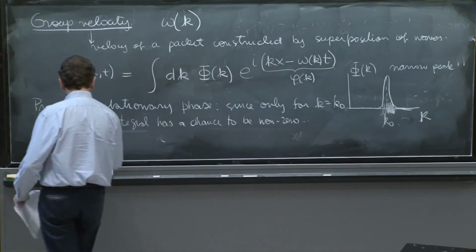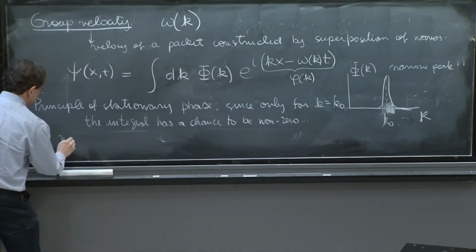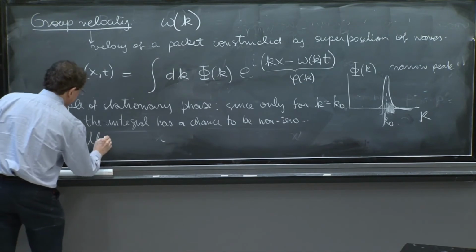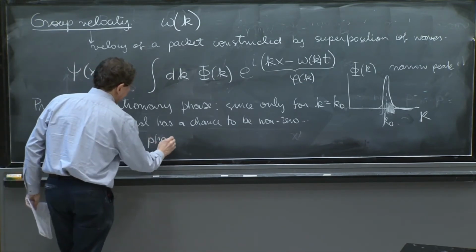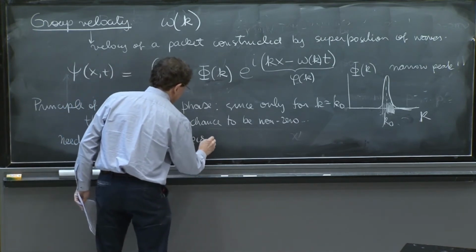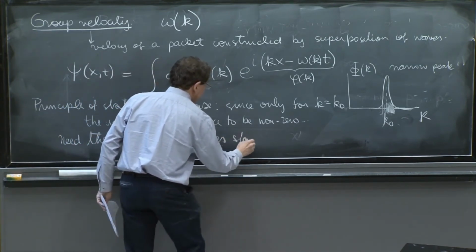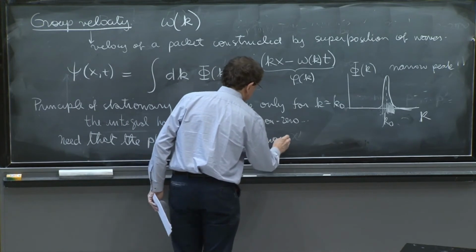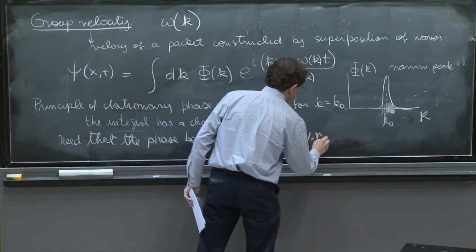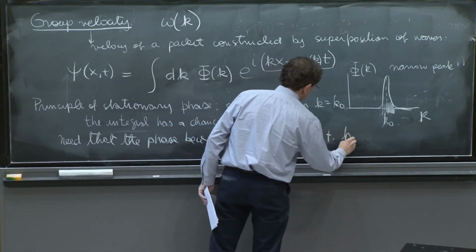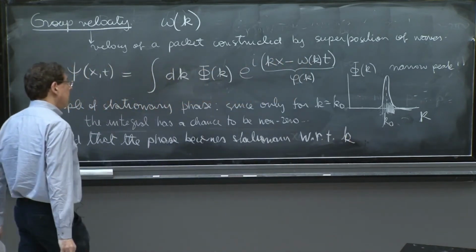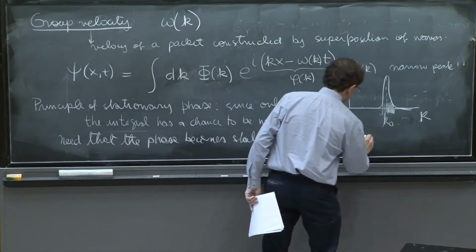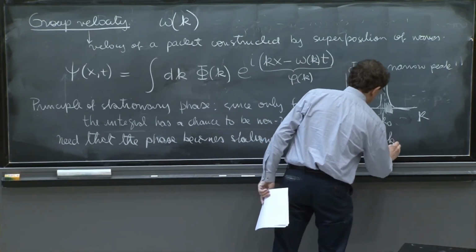So you need that the phase becomes stationary with respect to k, which is the variable of integration, at k naught.